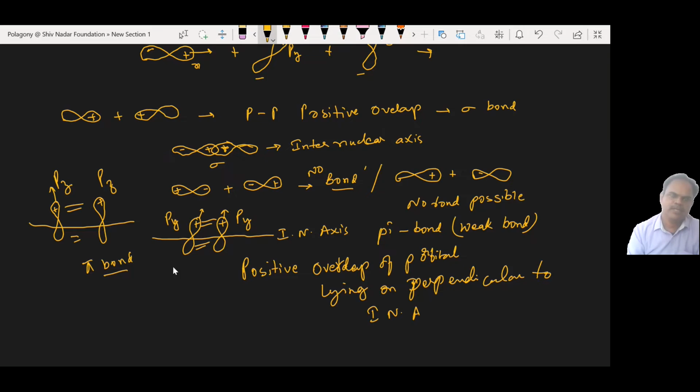Among the p orbitals, negative orbital overlap is also possible. With one side positive and the other side negative, a bond is not possible. Or with two negative orbitals orienting toward each other, bonding is also not possible.